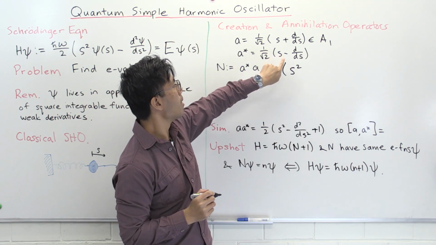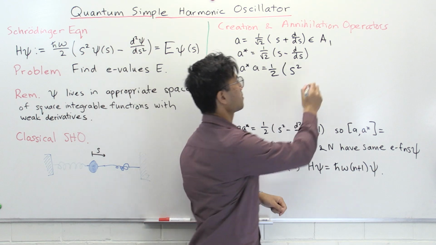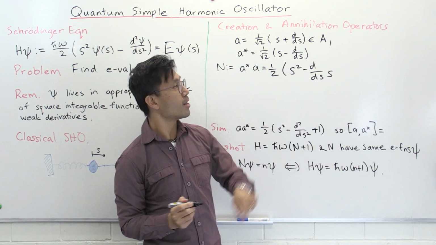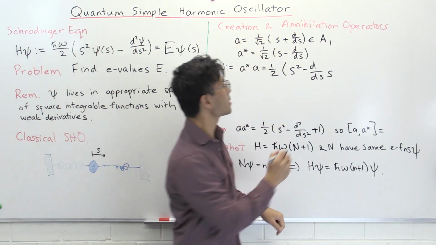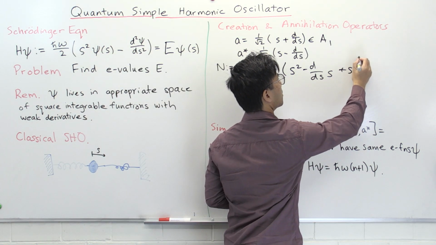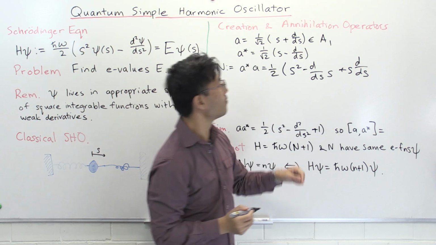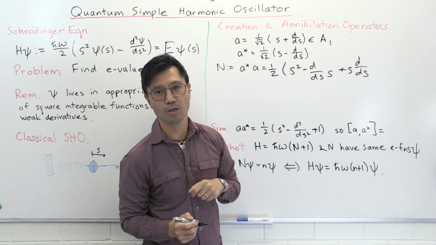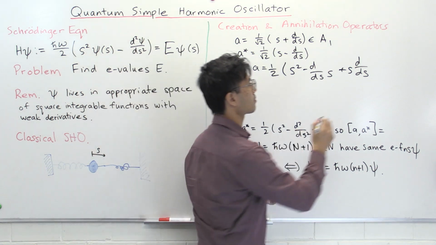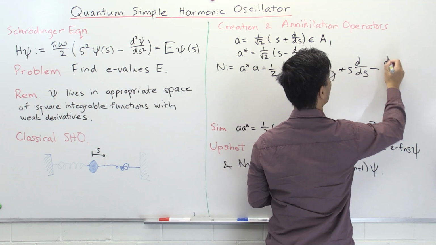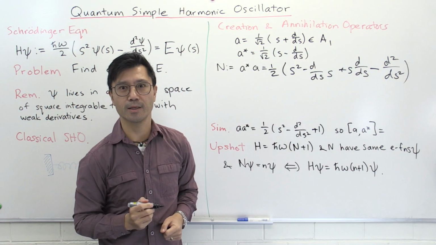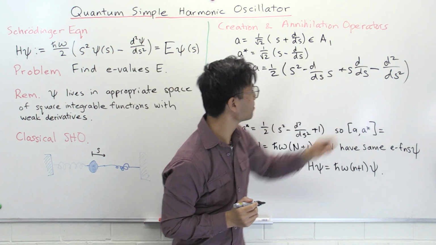Then you'll also have a minus d/ds times s. And then you'll also have an s times d/ds. And finally, you'll have minus d/ds composed with d/ds, which is the second derivative, d squared by ds squared.